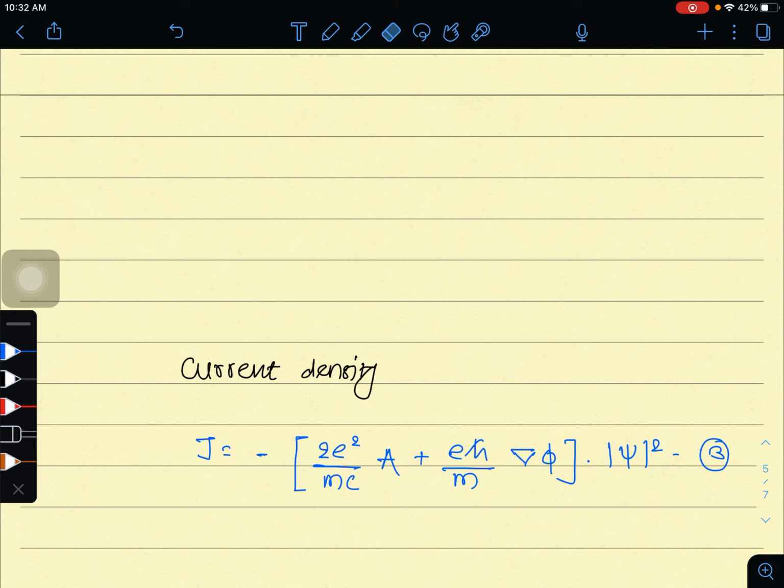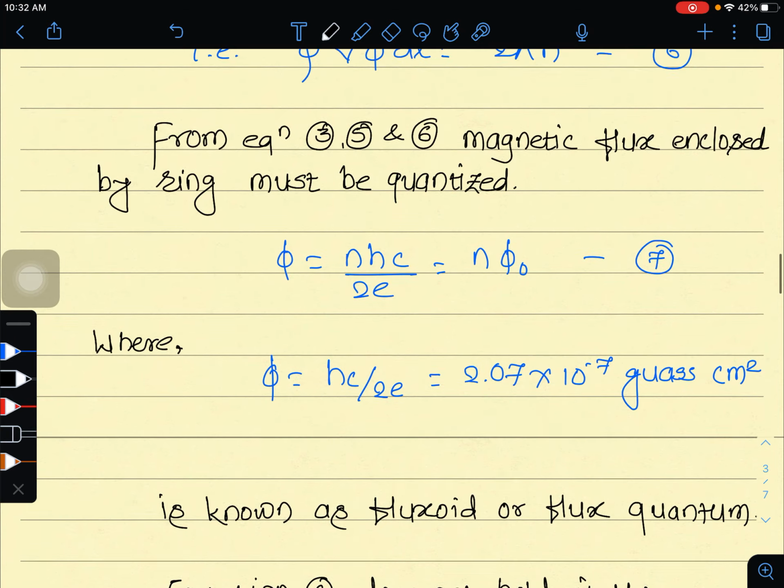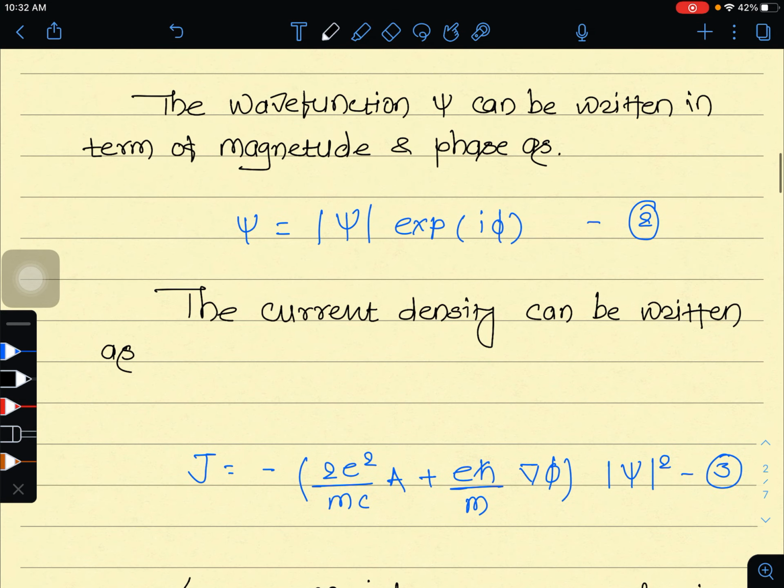In equations 2 and 3, the term of flux is introduced through this phi.